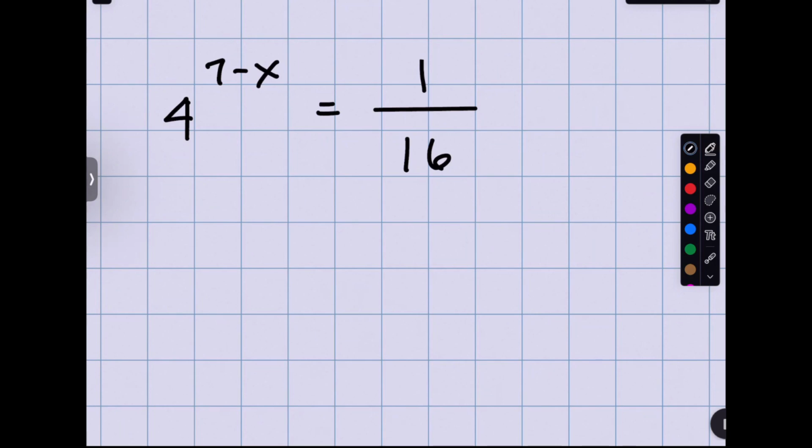So how do you make it up top so the bases are the same? So 1/16 is 4 to what power? Oh, am I supposed to answer that? You were, yeah.